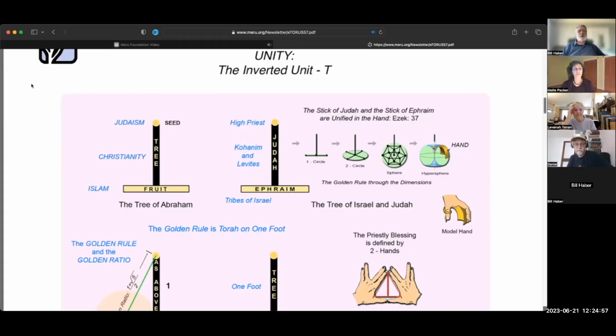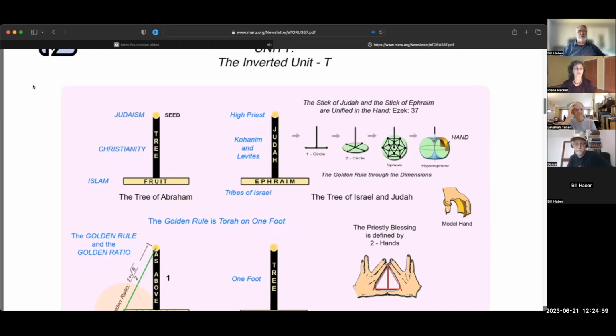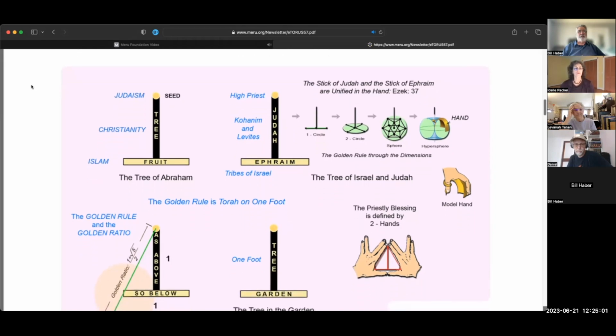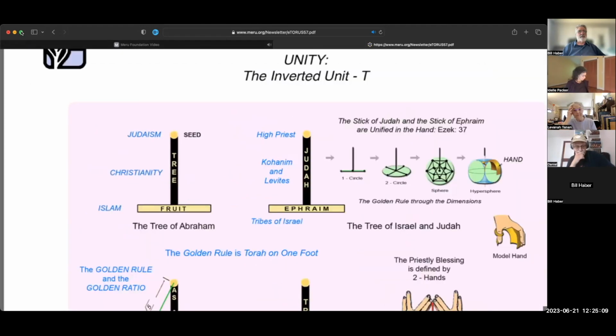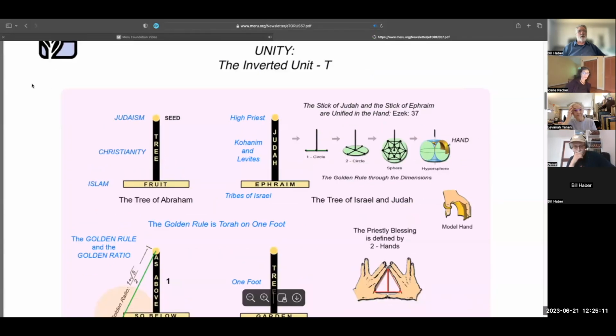But let's move on to the poster and take a look. So here are some examples of the inverted T. Again, this was Stan trying to disprove it, but coming up with so many examples. If we go to the one on the top left, the tree of Abraham.